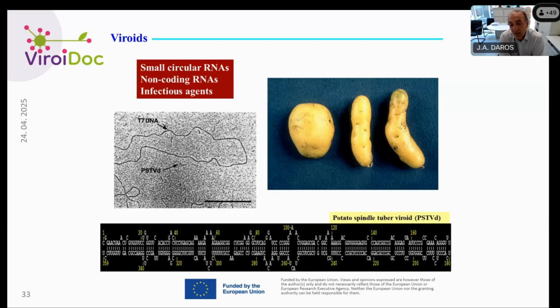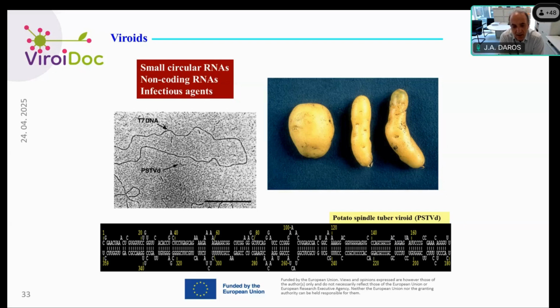viroids are relatively small RNAs. You can see in the lower part of this image the sequence and a kind of outdated secondary structure of potato spindle tuber viroid, which is like the prototype viroid.